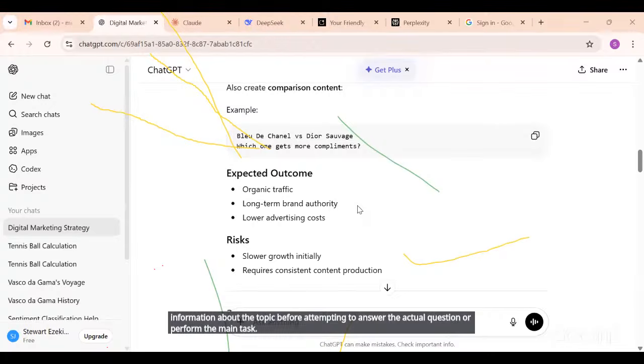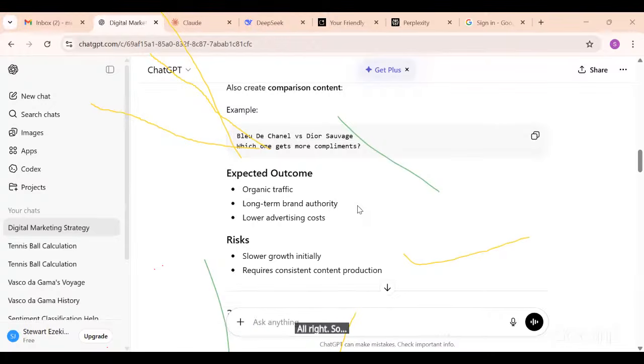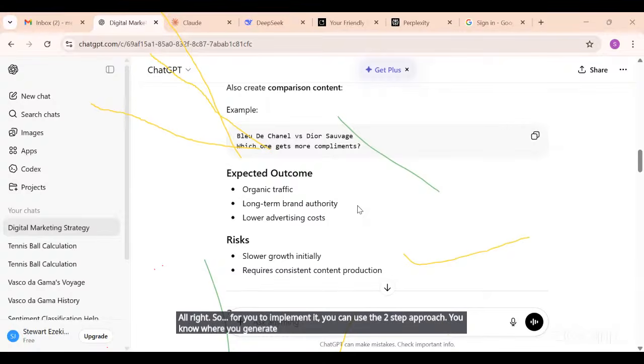All right, so to implement it, you can use the two-step approach, where you generate some facts and then you ask it, using those generated facts, to answer a particular question that you give to it, okay?